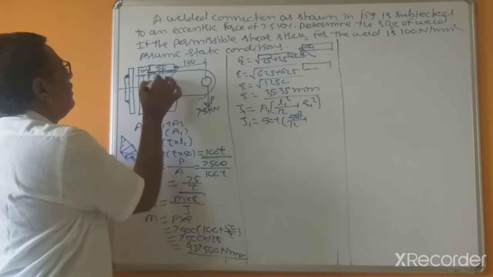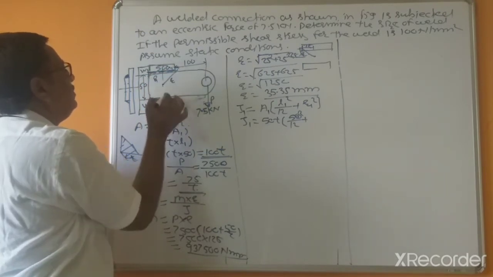This is R1, the center of gravity, this is G1 and this is G2.